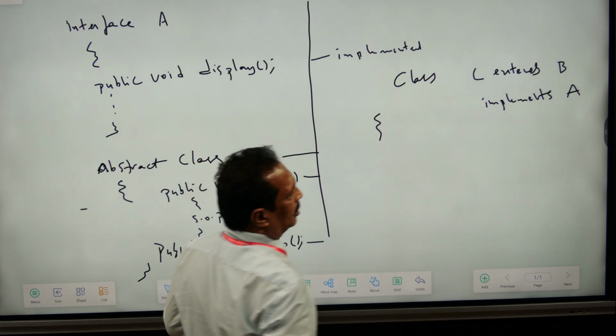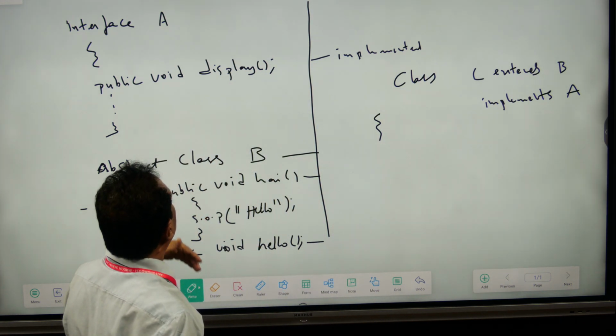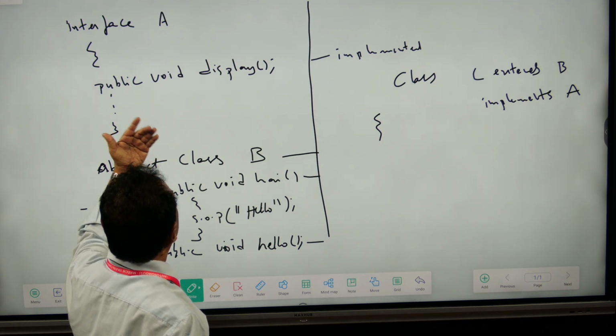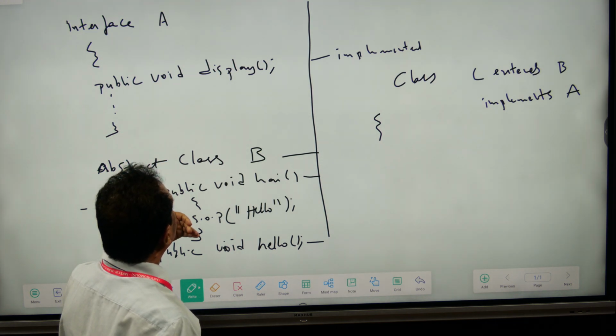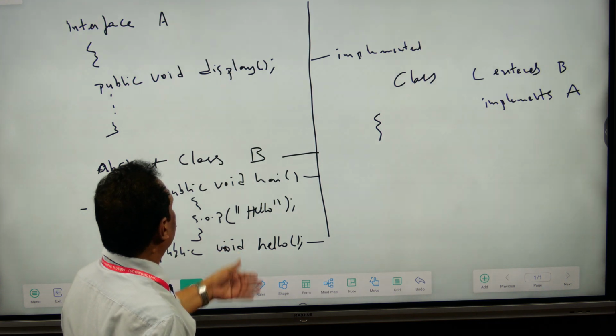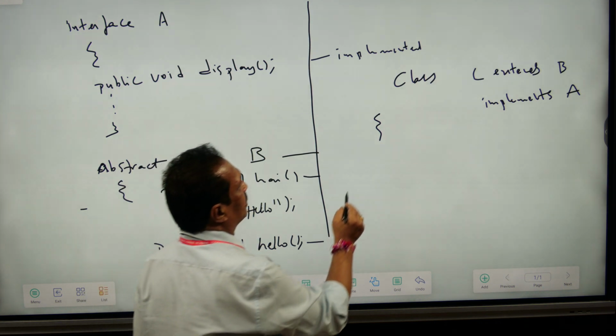Now we have to override these two methods, that is the display method which is present in interface A, as well as the abstract method, that is the hello method.